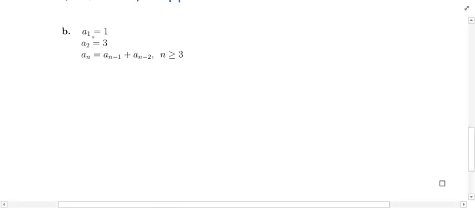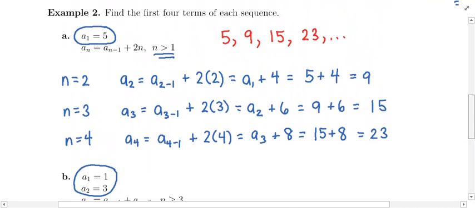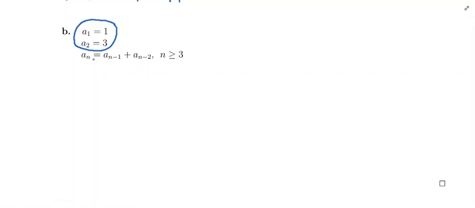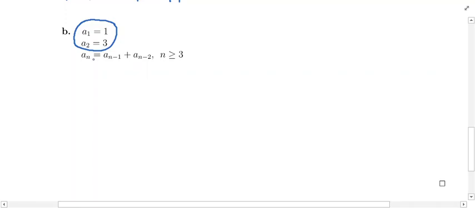The reason that we're given 2 terms here, if you look at part A, we were only given the first term, but now we're given the first and second term. In the recursive definition, it's going to involve more than one prior term. So what you'll see is that to get the third term, it's going to involve the first term and the second term. Just follow the recipe.